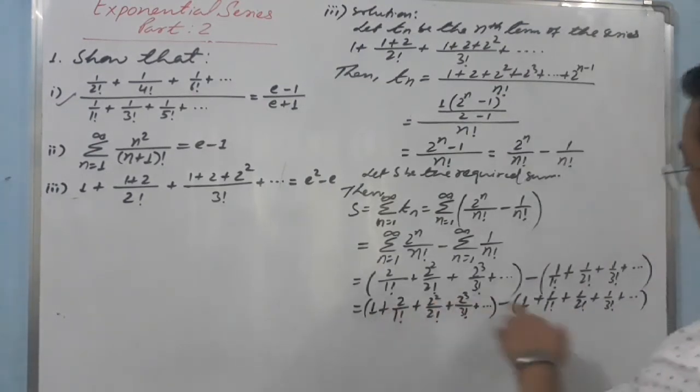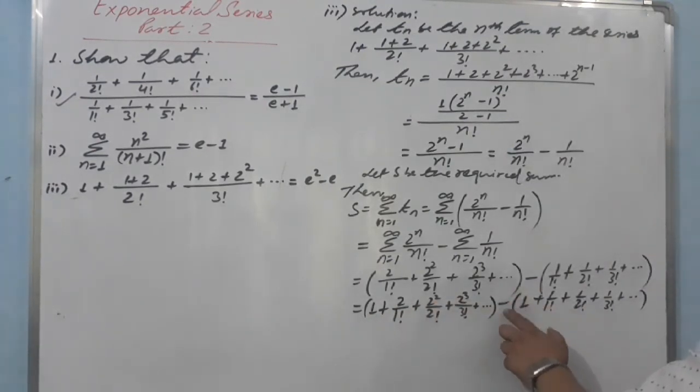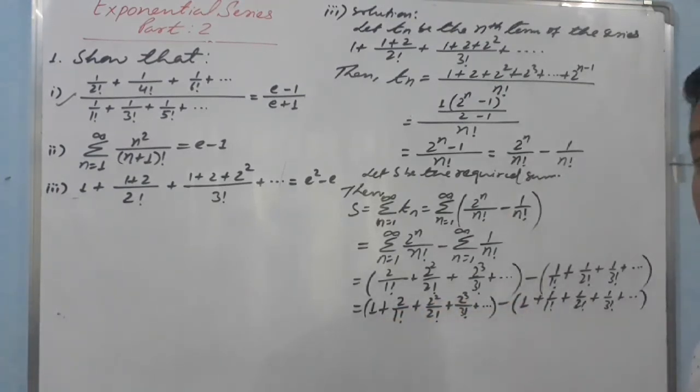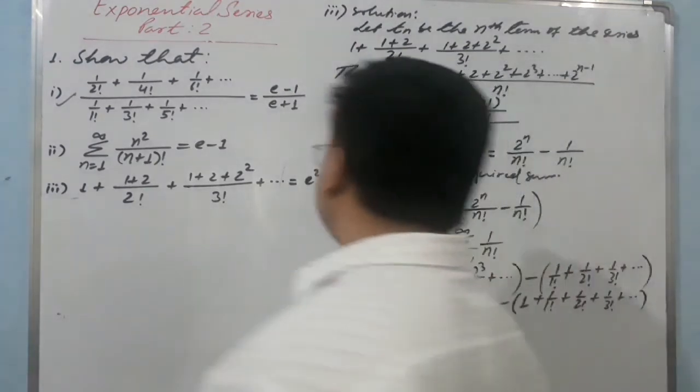We added 1 here and 1 here. When you open the bracket, it becomes minus 1, so 1 minus 1 is 0. They cancel, already in balanced form, and are not going to disturb the equality.